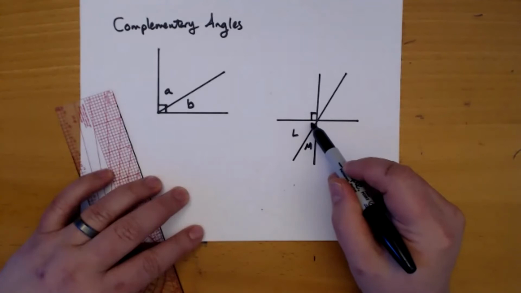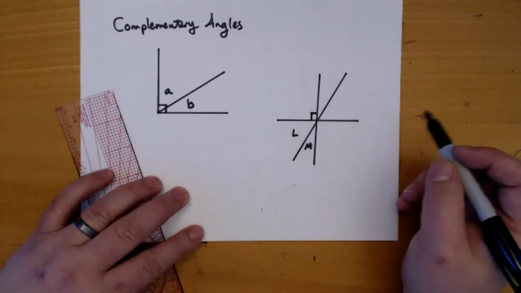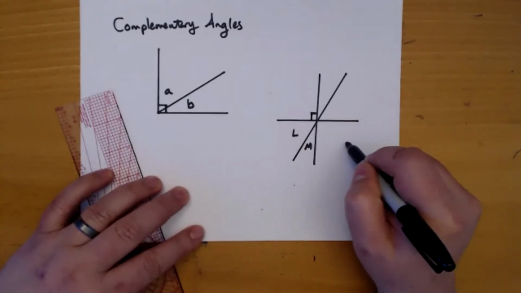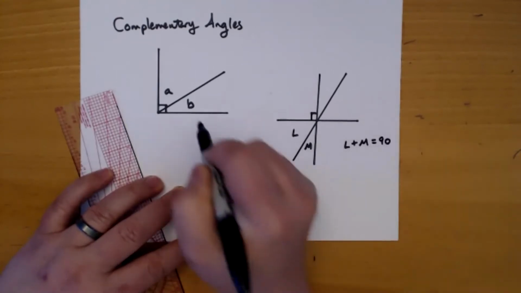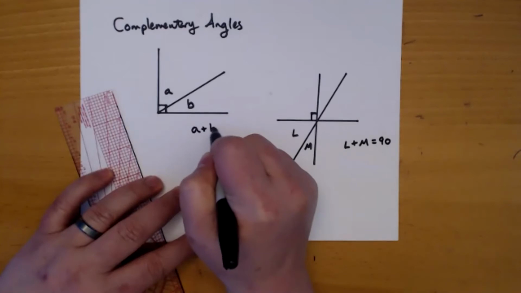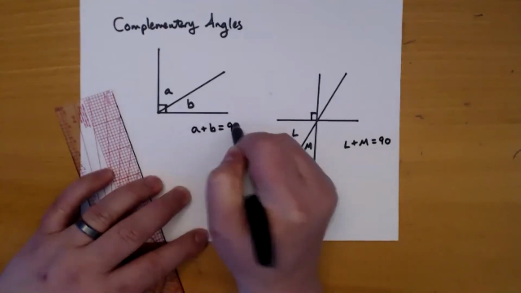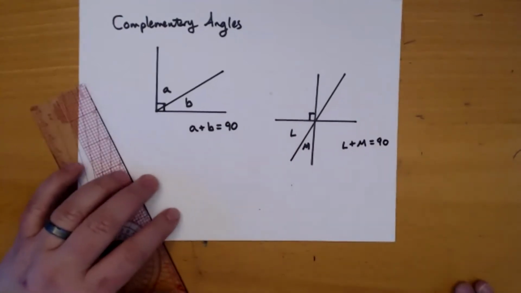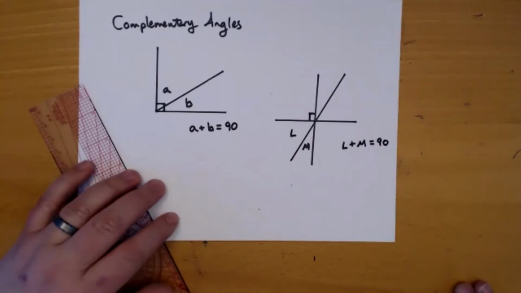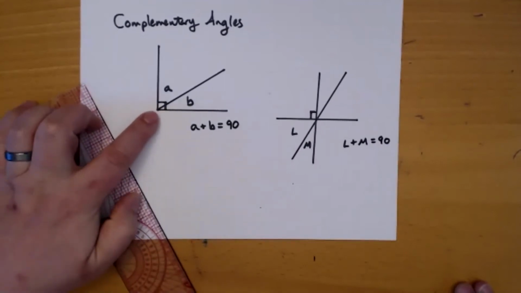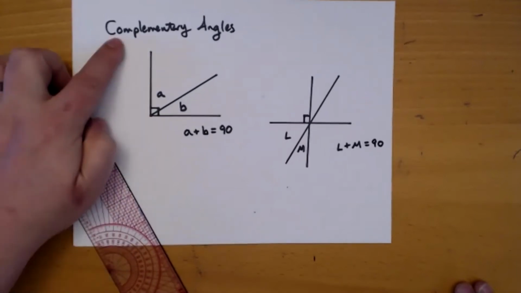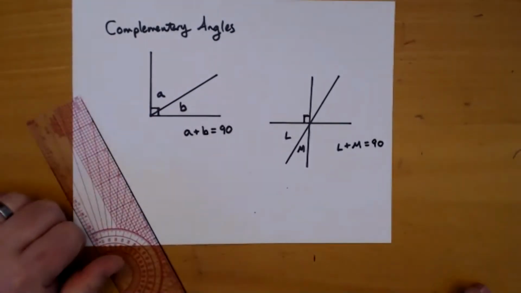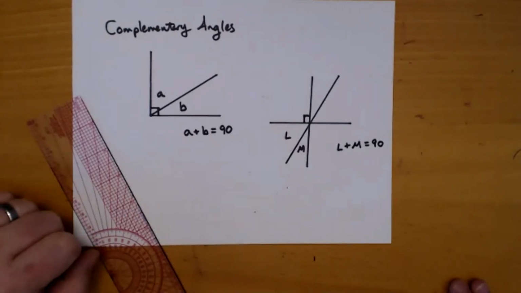So L and M would be an example of complementary angles. L plus M would equal 90, just like A plus B would equal 90. Just because they threw in extra stuff, the clue is to look for the right angle. Once you see the right angle, boom, you should be thinking complementary angles. It's the trigger clue to help you out.